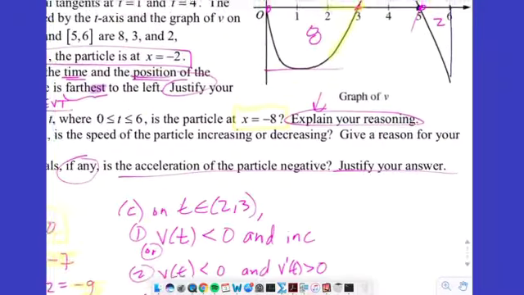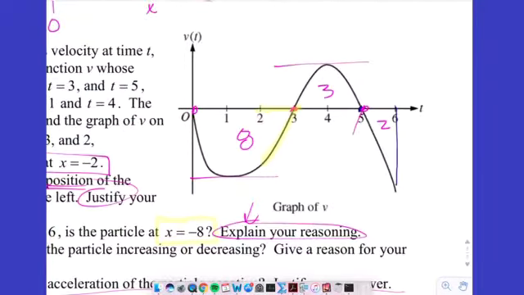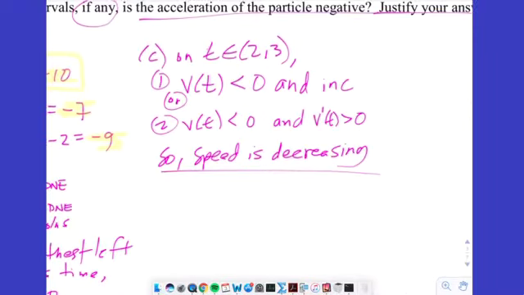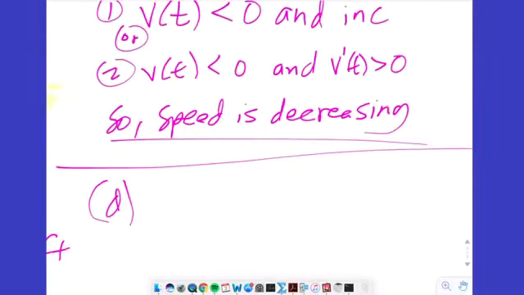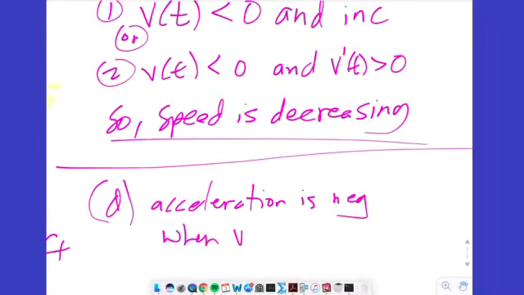To determine where the accelerations are negative, we want to know where the what's of this graph are negative. Slopes, right? So let's go ahead and hit the nail on the head. How about, let's go ahead and say acceleration, answering their question. Acceleration is negative when v of t is decreasing.